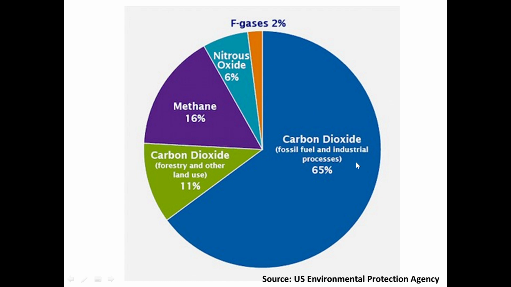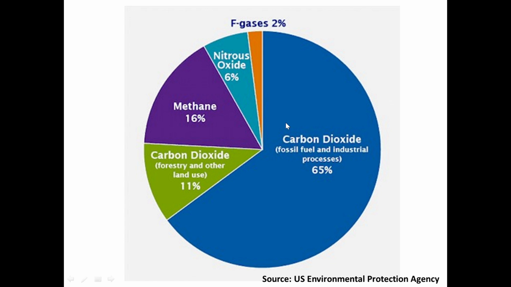The burning of fossil fuel emits carbon dioxide. Forestry and land use patterns, the changing land use pattern, and deforestation also emit carbon dioxide. They are responsible for the emission of carbon dioxide. So around 75% of the gaseous component is carbon dioxide and the rest 25% is other gases.